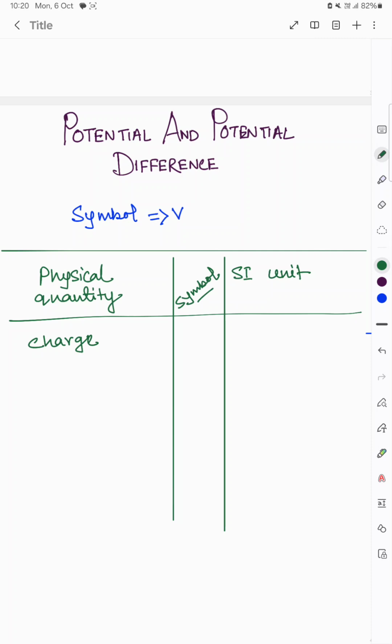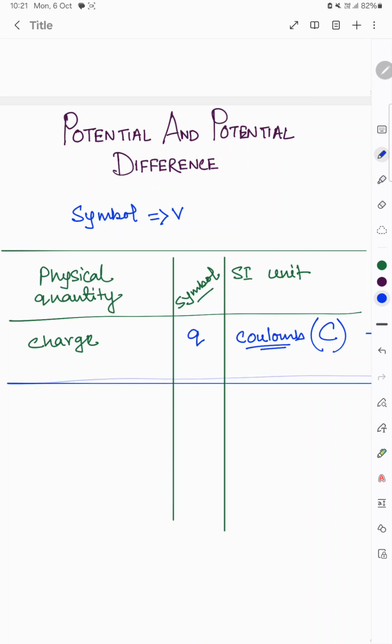Suppose if the name of a teacher is Niharika Varjariya, we can say NB ma'am, right? Symbol is like that only. So charge is symbolized as Q, but its SI unit is Coulomb, and the symbol of Coulomb is capital C. Are you feeling confused?